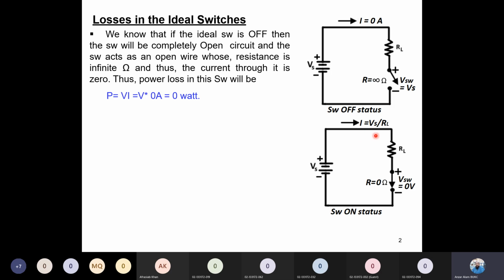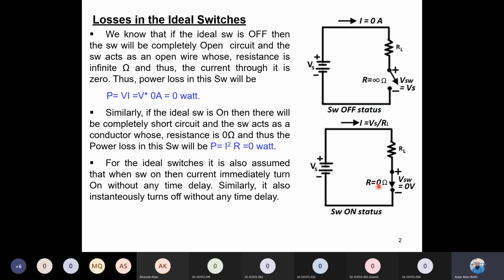Since it is a conductor, I is equal to VS divided by R. So what will be the power across this switch? Because P is equal to VI and the voltage is 0, the power is again 0. Or we can write P is equal to I squared R. Here I is maximum, but the resistance is 0, so the power is 0.